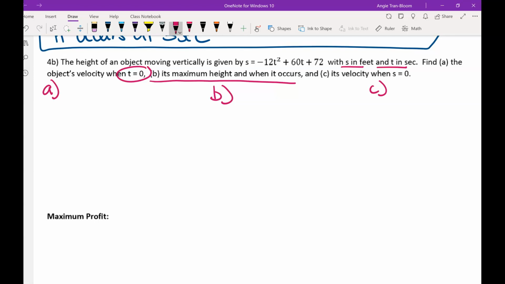Sometimes you can start the object at time equals 0 and that is not at position 0. So right now it's at 72. So this object is at 72 feet when it starts. So when the position is at 0, you're not going to have a time equals 0. All right, guys, so work that out. Write yourself a complete sentence, and then we'll check that later.